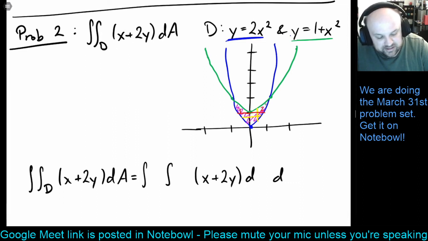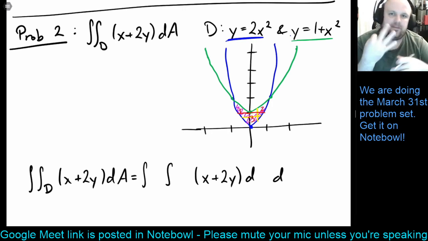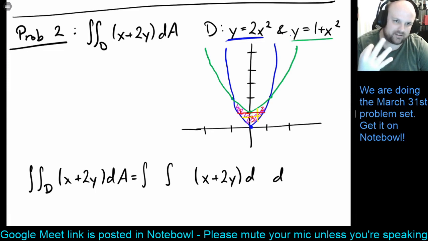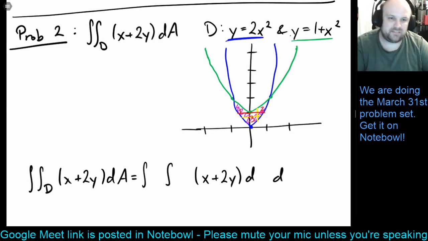And in this chunk here, the left is green and the right is blue. And in the bottom part down here, the left is blue and the right is blue. So moving left to right, we'd have 3 different double integrals to set up. But if we move bottom to top, the bottom is always blue and the top is always green. That's all we need to know.